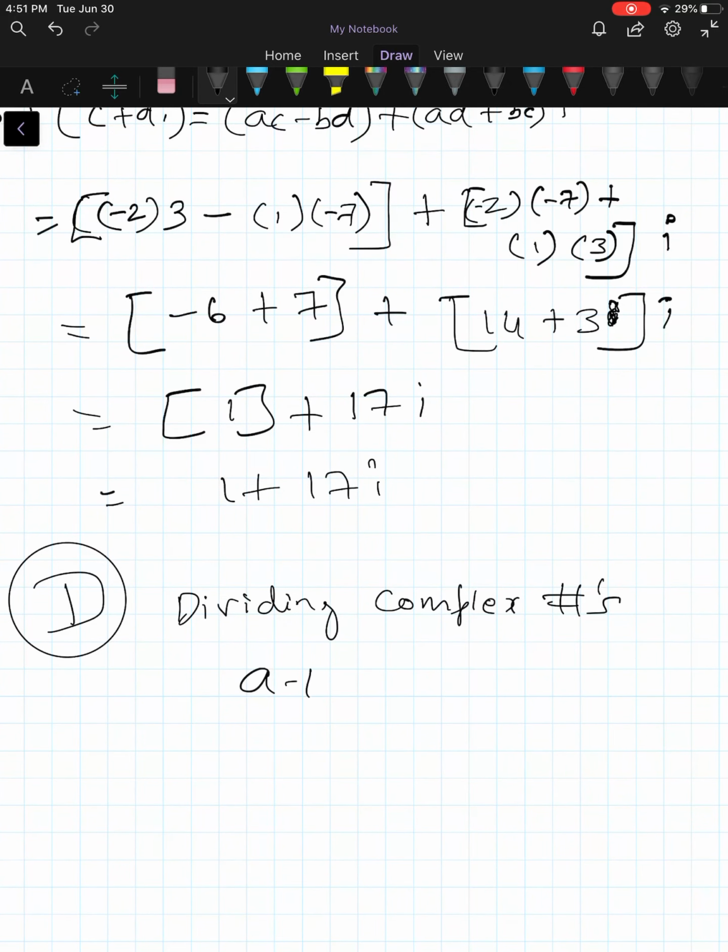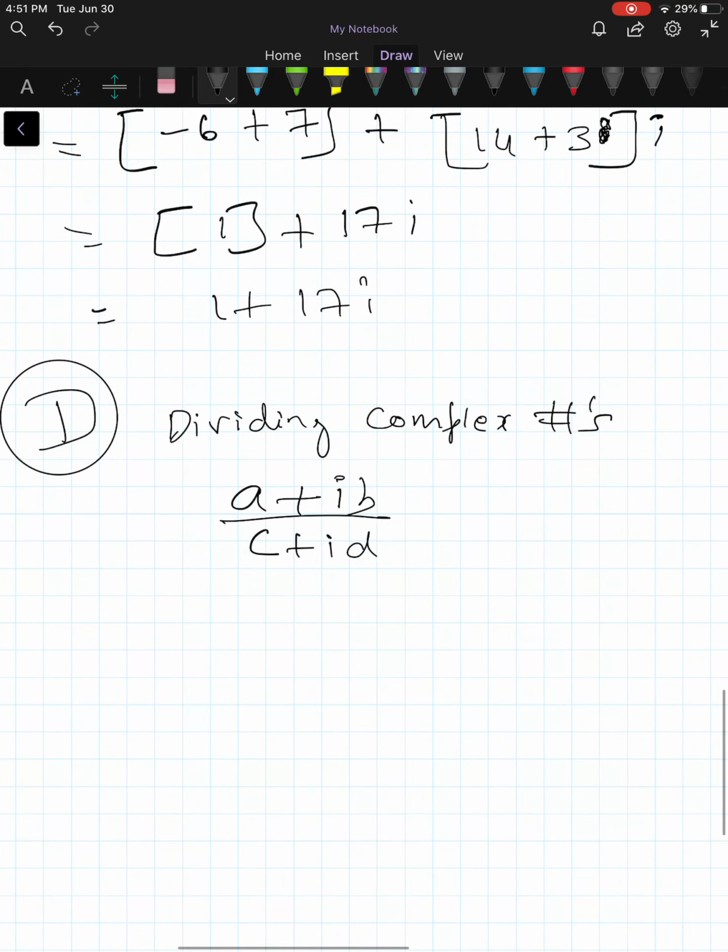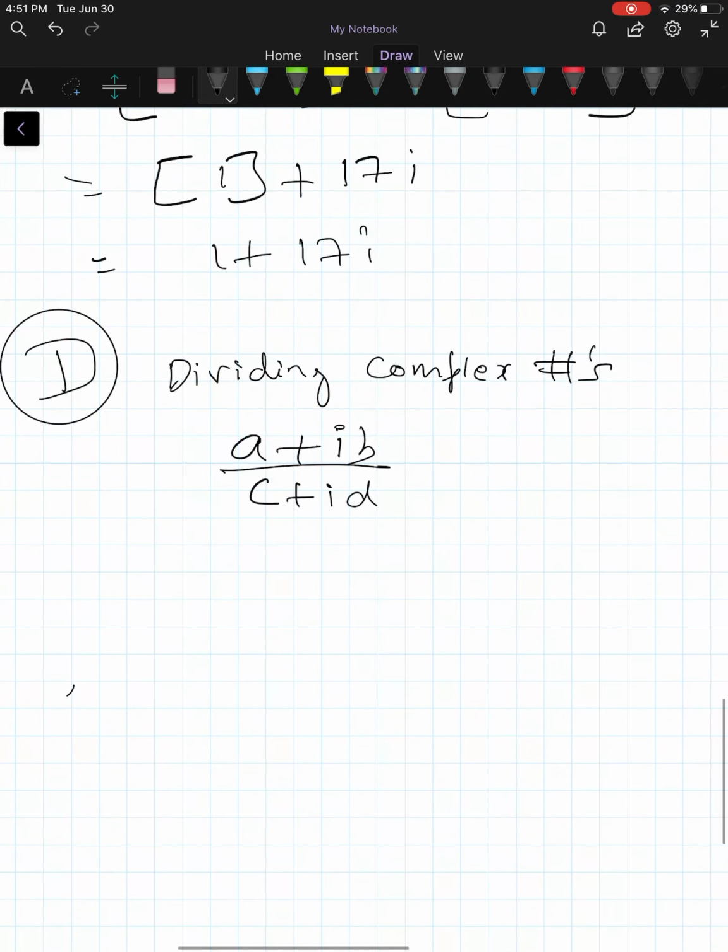So to simplify, how does it look? It would be a plus ib divided by c plus id, right? So multiply the numerator and the denominator by the complex conjugate of the denominator. Before that, I should define what the complex conjugate of a number is. So before I define the dividing process, I will define the complex conjugate.